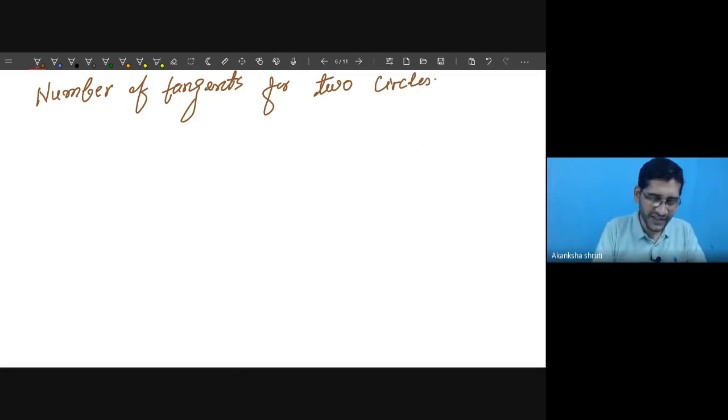Rather, we shall consider the number of common tangents for two circles. This we want to understand.